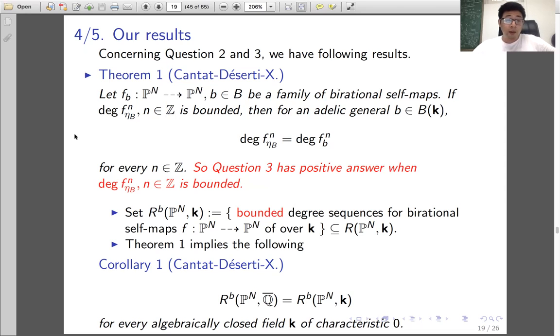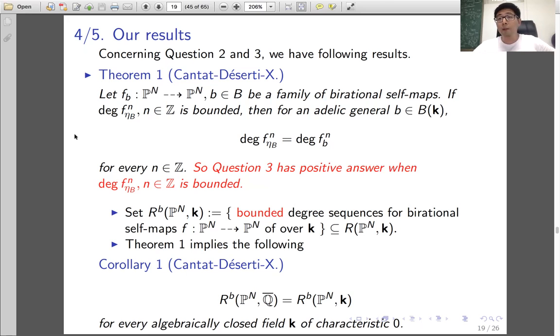Okay, and then Theorem 1 implies the following corollary: R_b(P^n, Q̄) equals R_b(P^n, k) for every algebraically closed field k of characteristic zero.